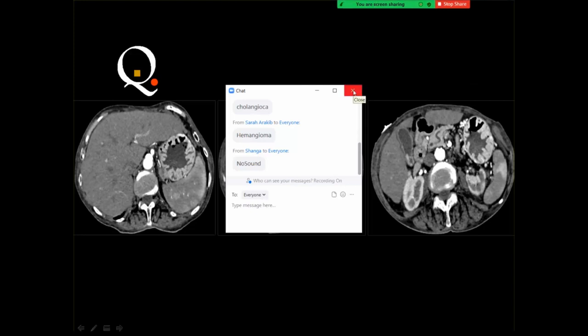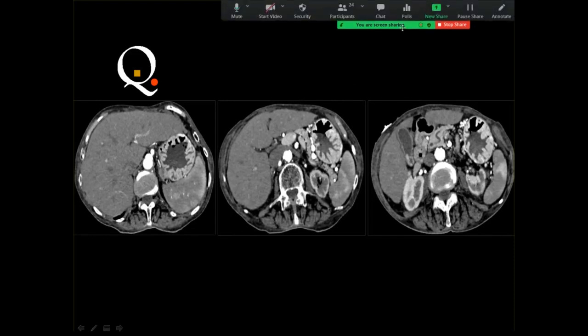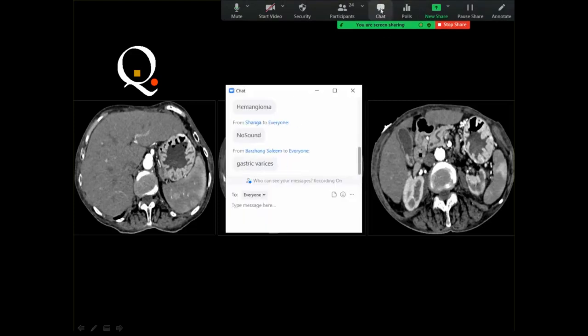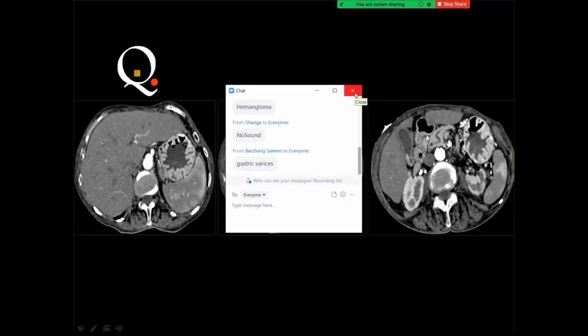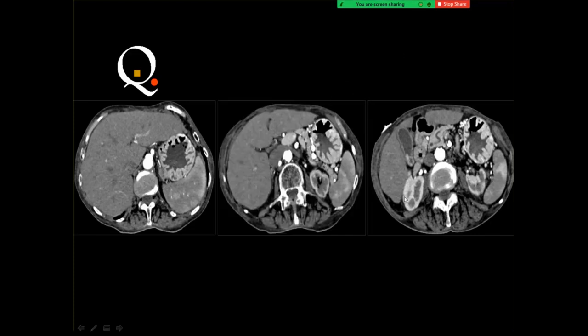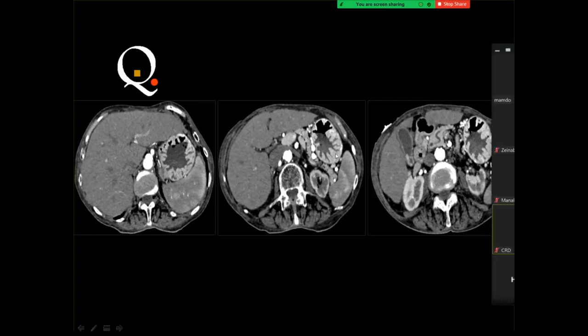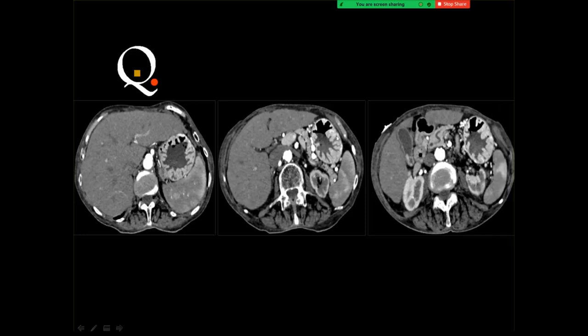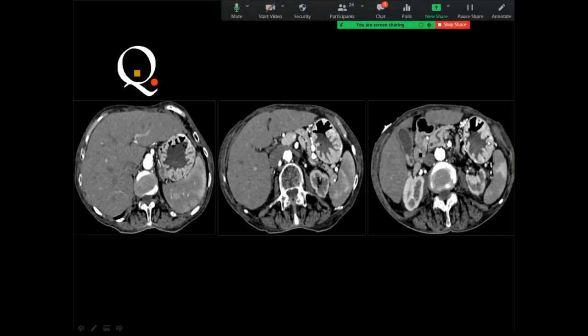Okay. Then, what do you think of this case? Okay, the lesion is in the stomach, but this is not gastric varices. You can see here that the gastric mucosa is markedly hypertrophied and enhanced, and you see the gastric rugae very, very prominent.